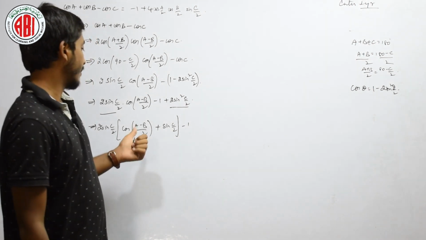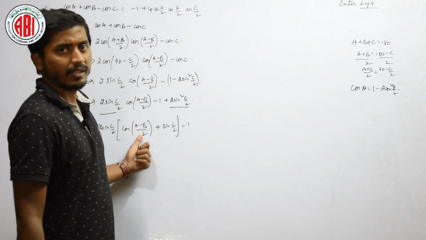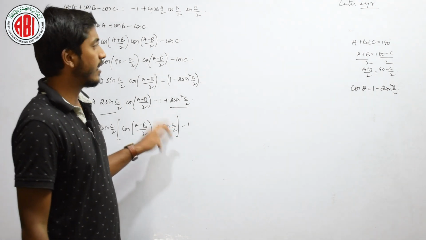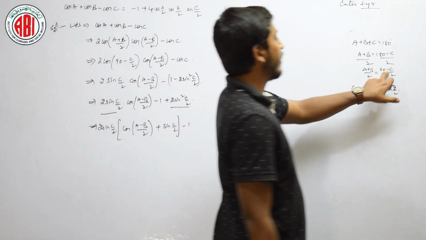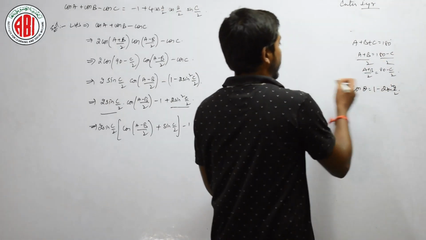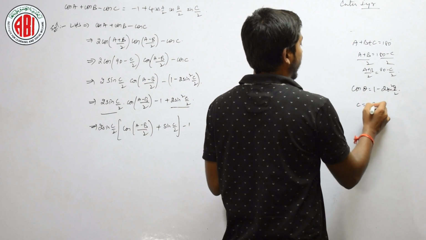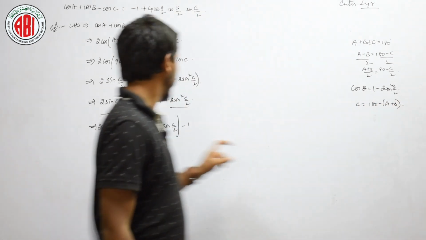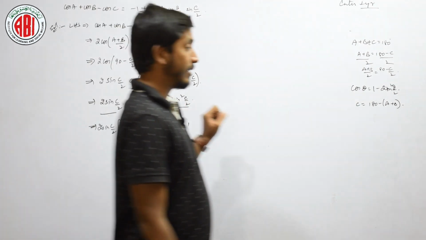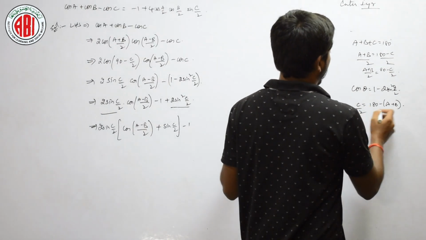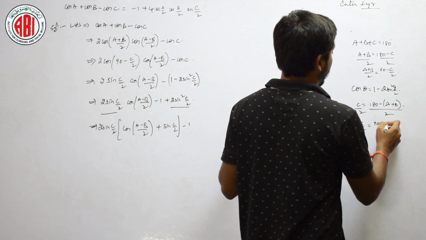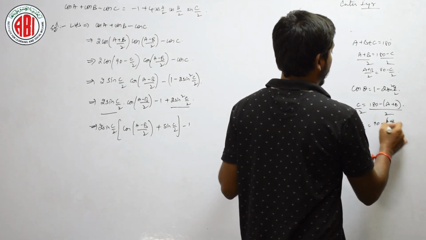Now, the next step: here it is A minus B. Similarly, this C also should be in terms of A minus B. C can be written as 180 minus (A plus B). Here it is C by 2, it has to be C by 2 whole divided by 2. Therefore, C by 2 can be written as 90 minus (A plus B) divided by 2.